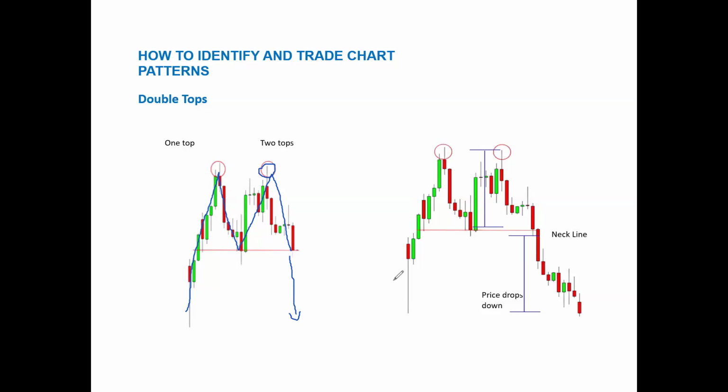So this is the full example right here. Price makes a high, drops, makes a second high, hits resistance, drops, and then it should be noted that when price breaks out below the neckline, it's always a massive breakout. You can see this massive bearish candle, and afterwards you can see that price still kept dropping lower.